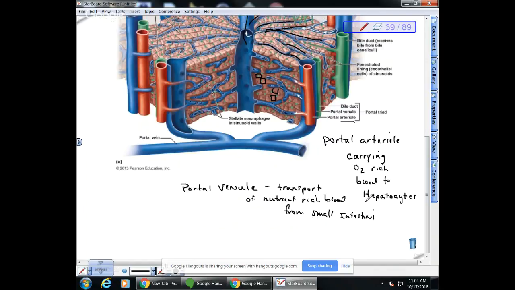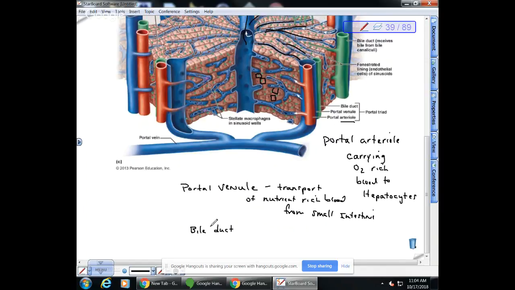So that's my portal venule. And then we have the bile duct. That's carrying bile, which is going to help to emulsify fat. Okay, so those are the three components of your portal triad, three vessels.